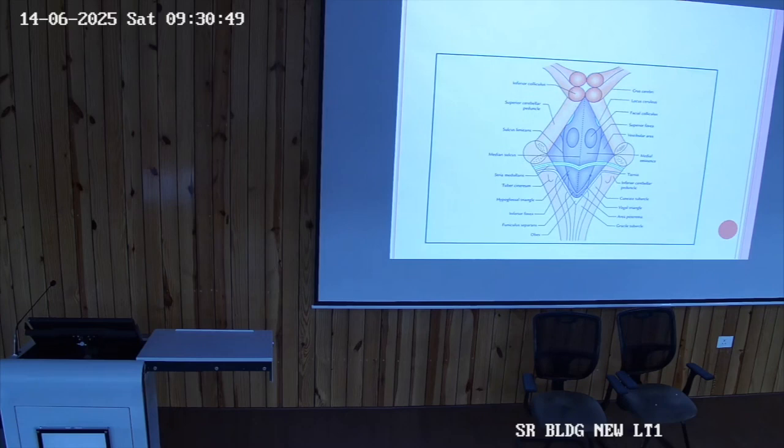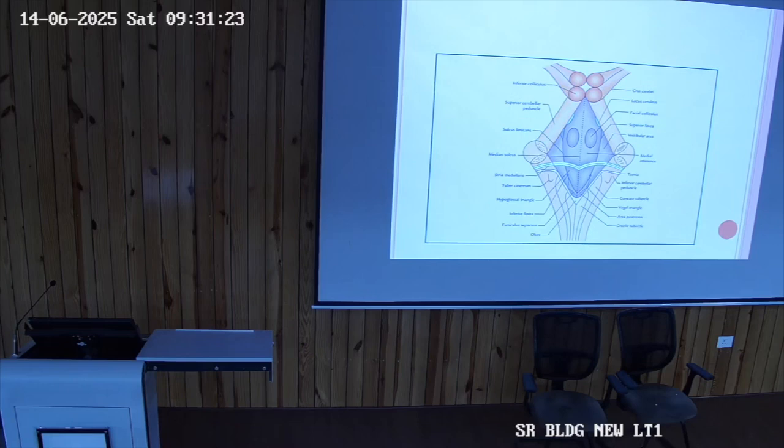So what are the features in the lower part of the floor of the fourth ventricle? How many triangles have we seen? Two: the hypoglossal triangle and the vagal triangle. And at the point where the two taeniae meet is the obex, and this lower part of the floor of the fourth ventricle is known as the calamus scriptorius, because it appears like the nib of a fountain pen.